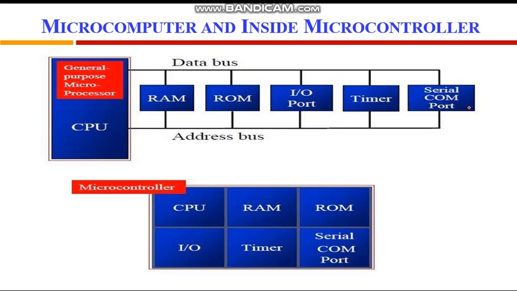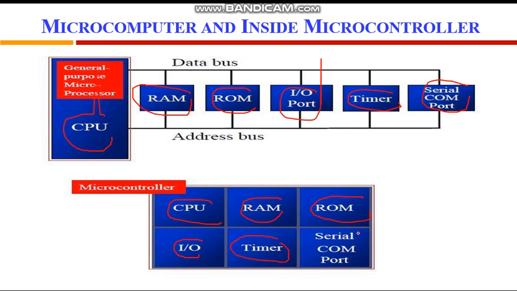If we compare a microcomputer and a microcontroller, the microcomputer has a CPU connected with RAM, ROM, IO ports, timer and serial COM port. Everything is on a single PCB, that is called a motherboard, while the microcontroller has a CPU along with RAM, ROM, IO ports, timers and a serial COM port, everything on a single IC.